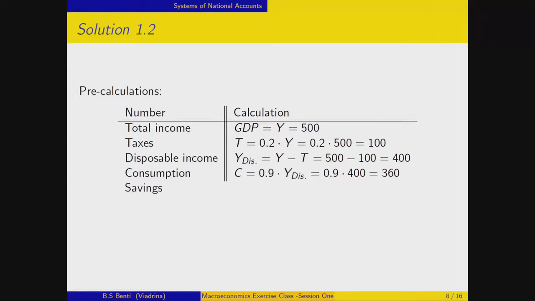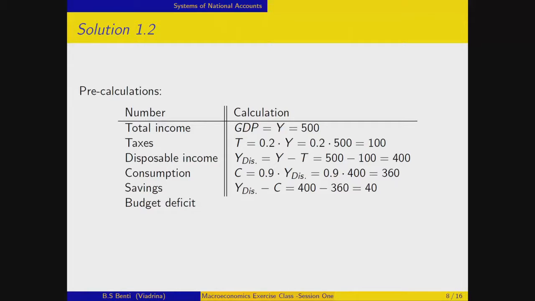The consumer would save the remaining amount of the disposable income as savings. So disposable income, 400, minus 360 euros of consumption gives us 40 euros, which is considered as savings.